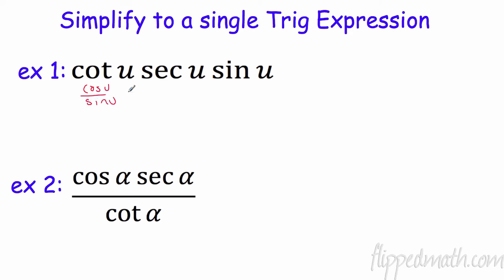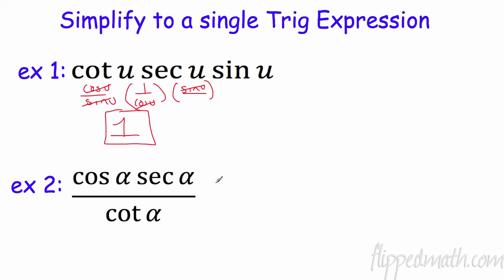Then we're going to multiply that by secant, which is 1 over cosine u, and sine u is here. Now the great thing is, if it's on top and on bottom, that equals 1, because sine u divided by sine u is 1. They cancel. Cosine u divided by cosine u is 1 also. So what is left here? The one expression we have, it's not necessarily a trig expression, I'm sorry about this one, but it goes down to just the number 1.